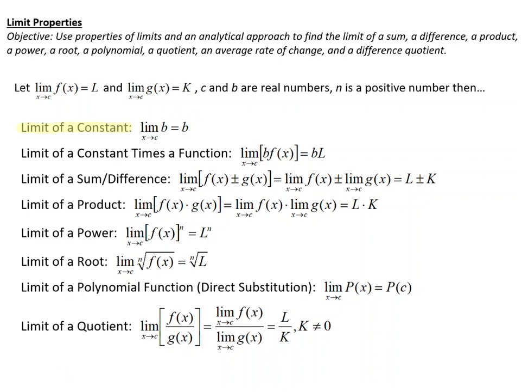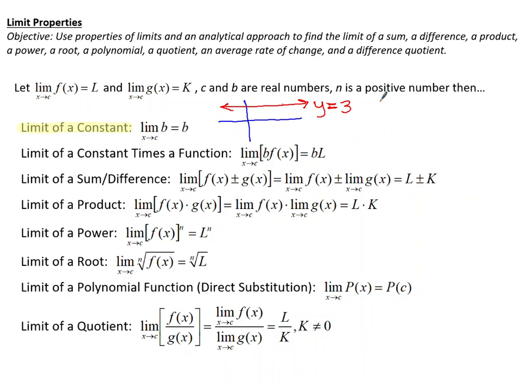If you think about it graphically, remember how a limit is where a function is going. So take a look at a function such as this constant function. We'll call it y equals 3. No matter where we are on the function, we are always going to be approaching the y value 3.